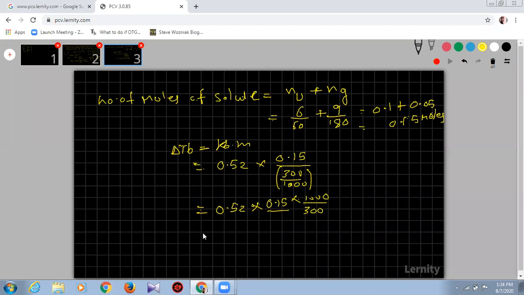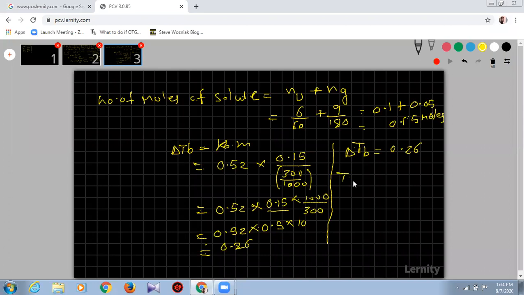Then 0.52 into 0.15 means 0.5 into 10, then you get 5 into, then 0.26 will come. So delta TB is equal to 0.26, right?